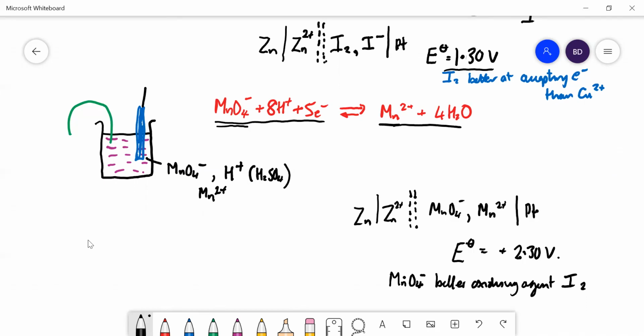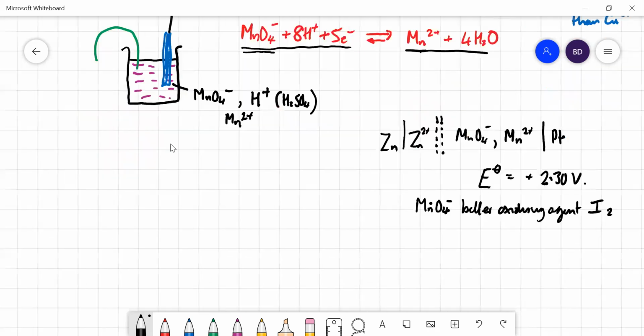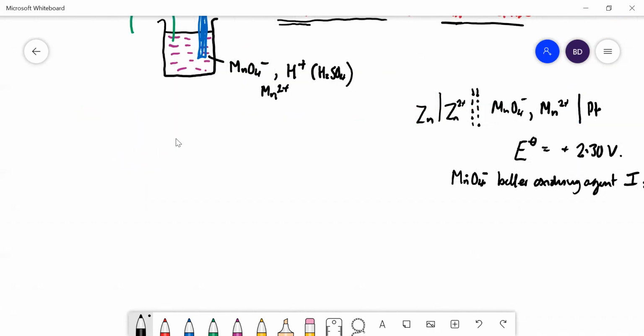Now, the reaction they chose for that was the redox reaction 2H plus plus 2e minus goes to H2 gas. Sorry, that should be 2H plus, do beg your pardon. So 2 hydrogen ions plus 2 electrons goes to hydrogen gas.